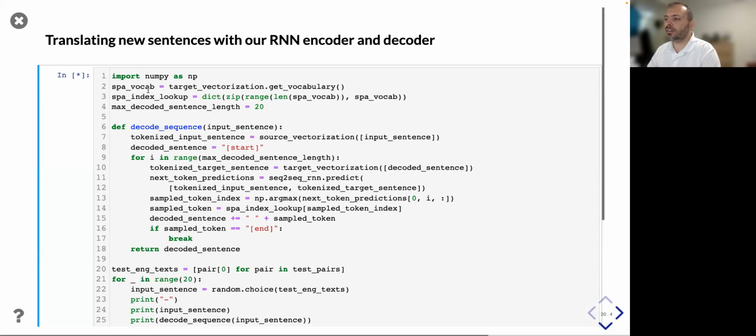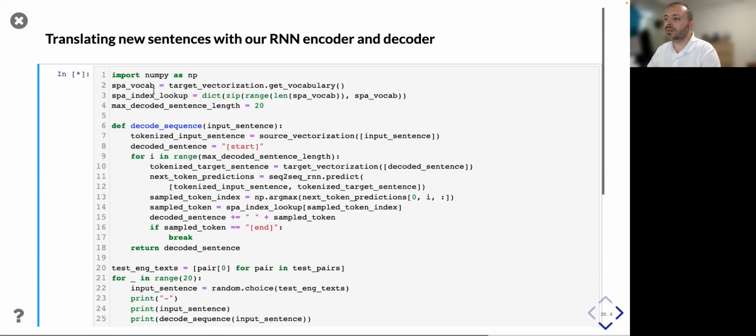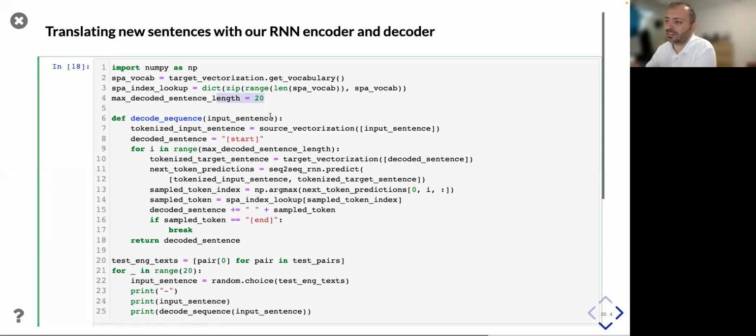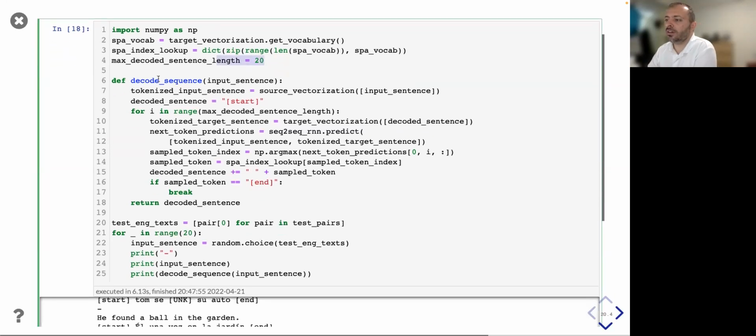So we just prepare the data, the maximum decoded sentence, and then we have this in order to decode the sequence. It's just code that will take the prompt word, the start, and it will call the target vectorization.